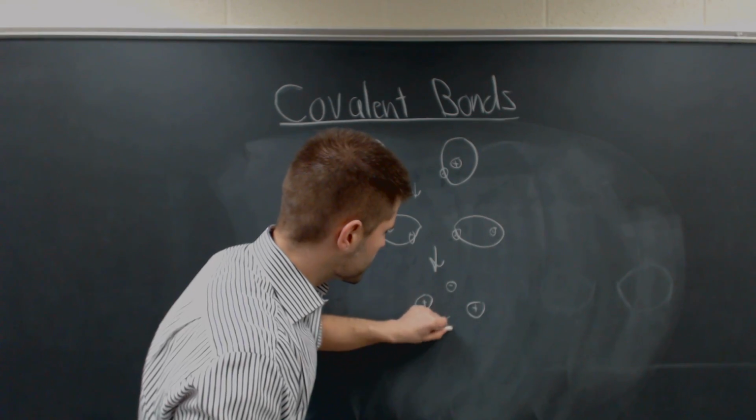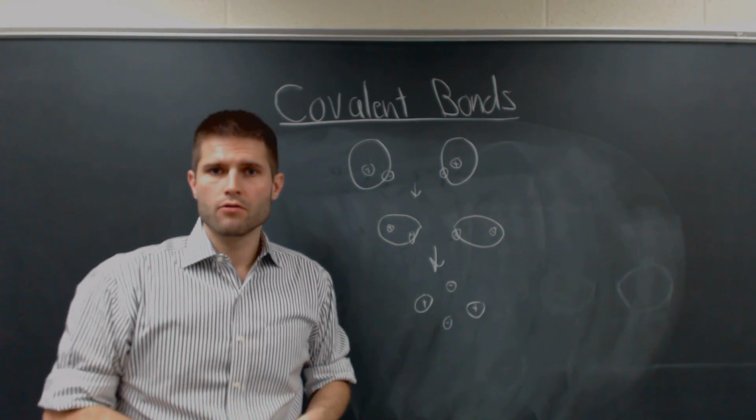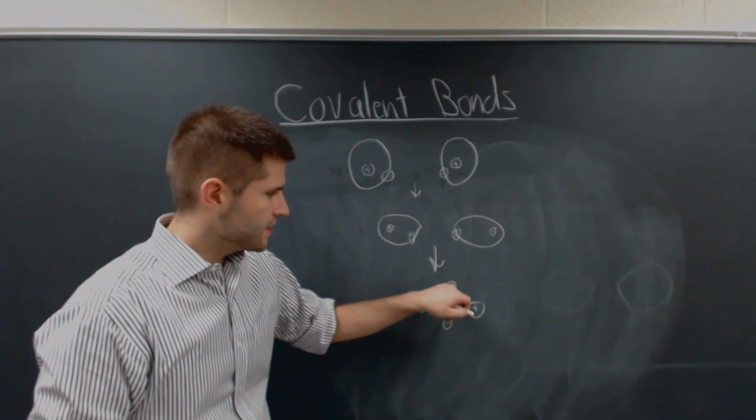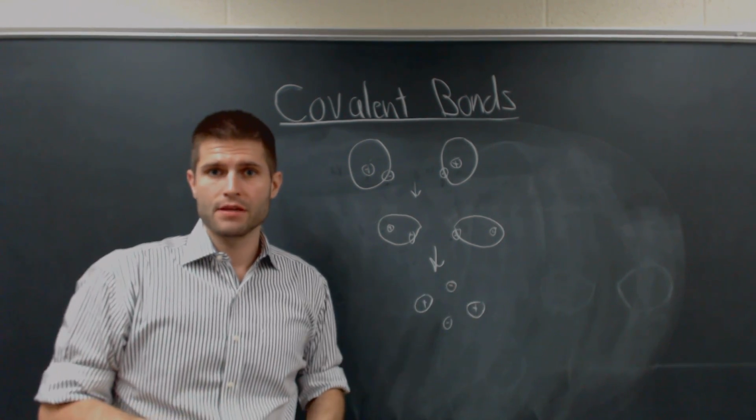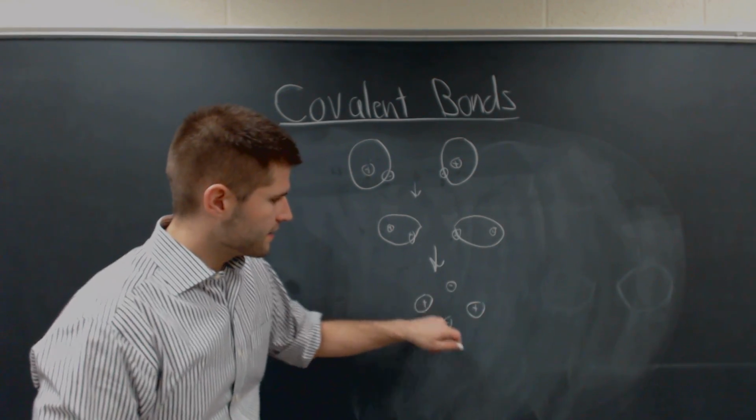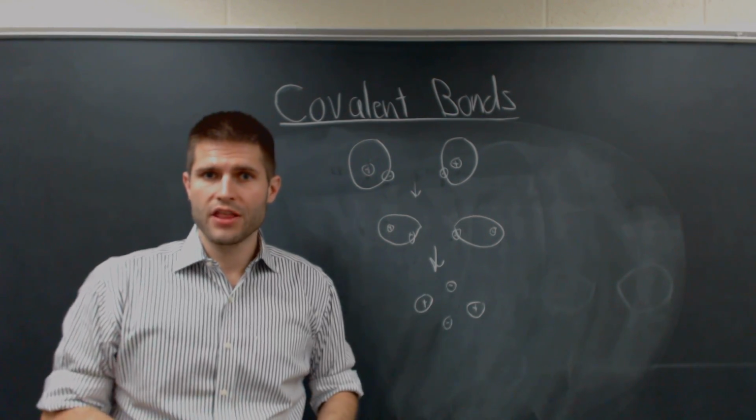The electrons will tend to stay in between the protons, and that's because this electron is now seeing multiple positive charges. It is happier that way. This negative is seeing multiple positive charges. It is happy that way.